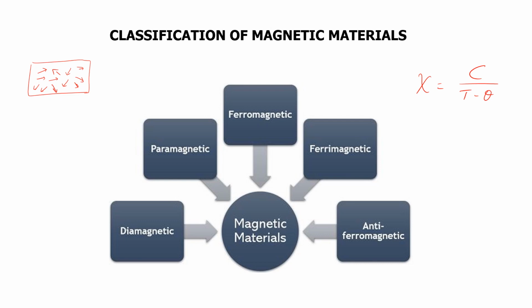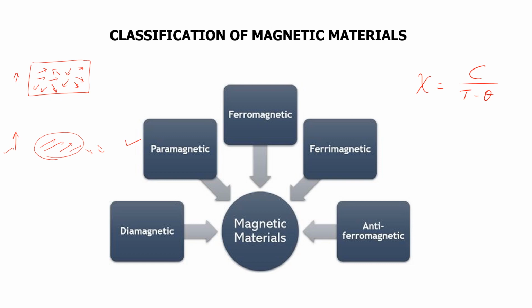Now, if I apply the magnetic field, in the case of paramagnetic material, all the spins will try to align along the direction of the applied field, but they will not align perfectly. Every spin will try to orient itself towards the applied field direction, maybe like this, maybe like this. So some part of the spins align themselves, at least they try to align parallel to the applied magnetic field direction. This is for the case of paramagnetic.